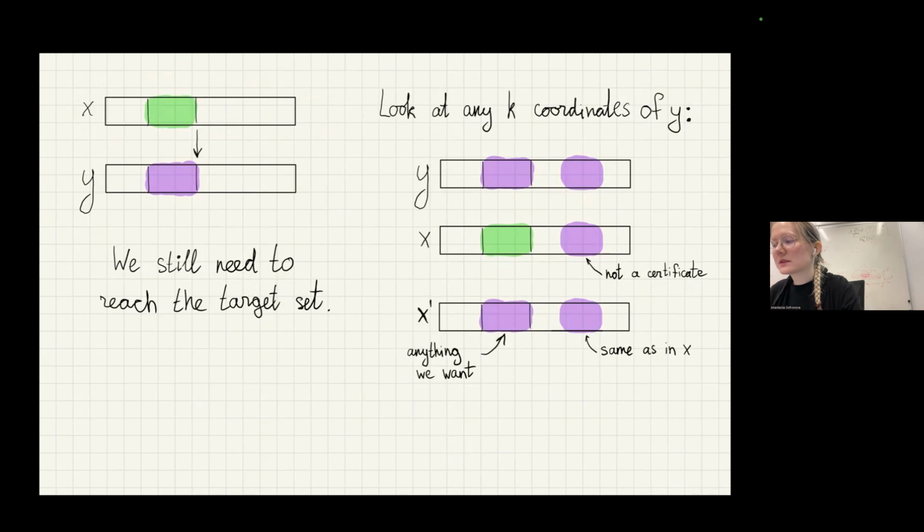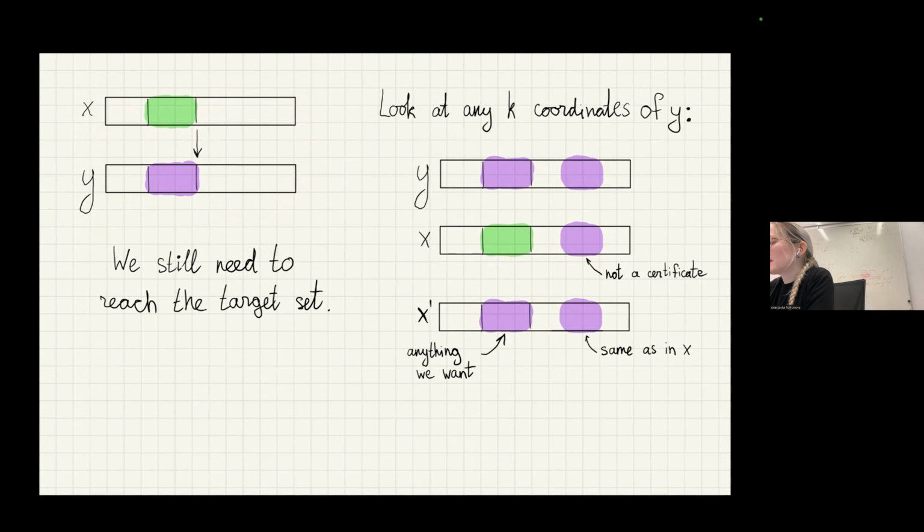But I get some other string Y with some of these green bits flipped, and the rest is as in X. And I know that this part was unpredictable in X. I'm saying that if after that I landed into my target set somehow, then this is a win for us. This Y should be a K-limit, for the same reasons as for one bit, actually. Let's look at any K coordinates in Y.